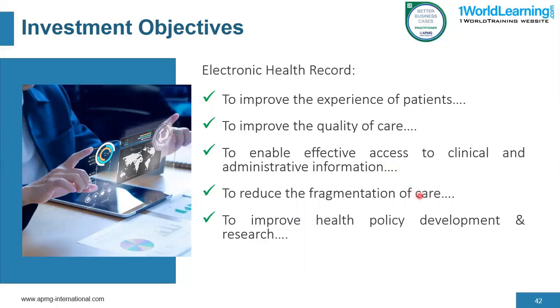Let's say, for example, the hospital might have information fragmented across multiple services and departments, each department using a specific tool or work being done manually. And therefore, the need for us to reduce that fragmentation, and hence we are investing in the electronic health record initiative, for example. Another example would be to improve health policy development and research.